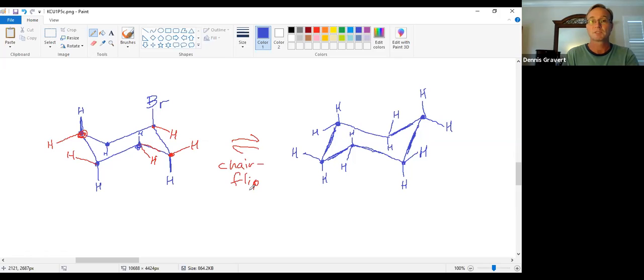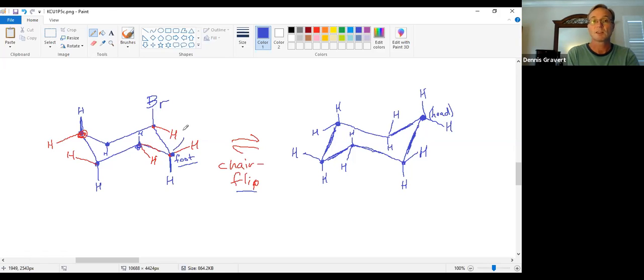After it flips, this is the foot. It's going to become the head. Where's the head? Oh, it's right here. Here's the head of the chair, right here. And then if we go back here, the foot of the chair is here. How far away is it from the bromine? One carbon away.